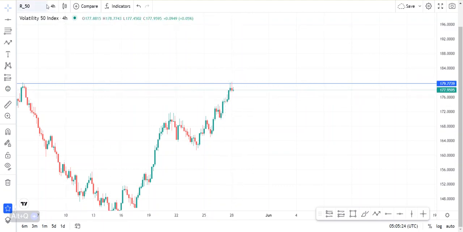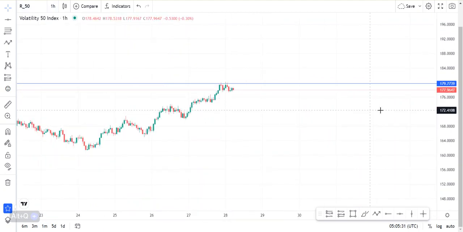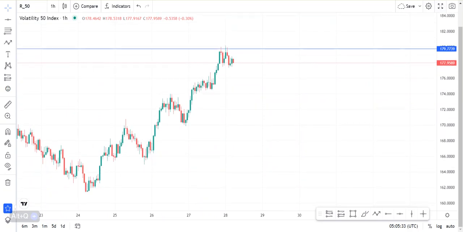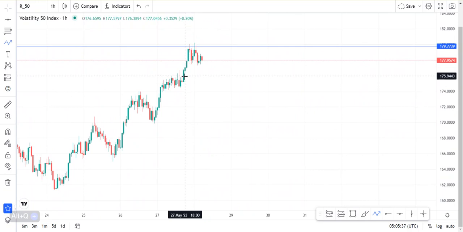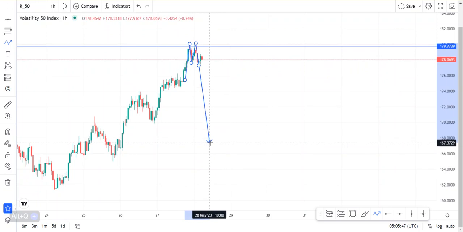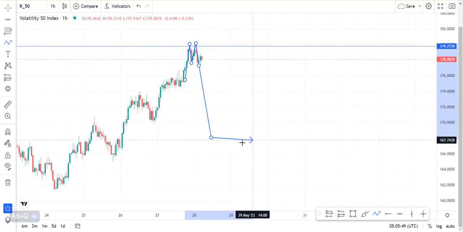And even if we go down to the 1 hour time frame, you can see it very well. It has created an M pattern. If you increase, you can see that it has created an M pattern, trying to go down like this.